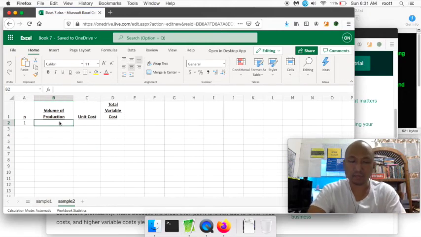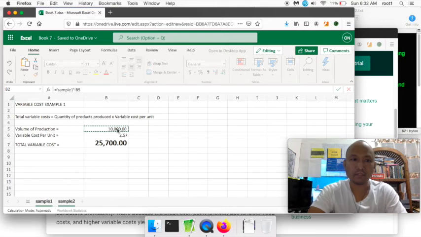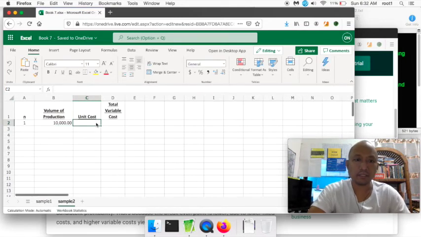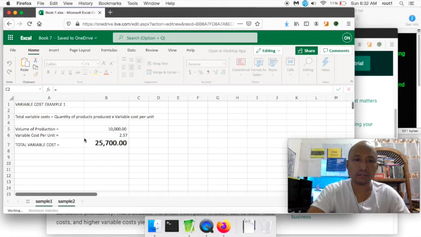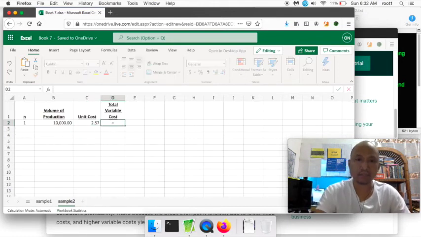We can try to press the equal sign and go to our first sheet. Try to use the first volume of production and then also the unit cost. Of course, total variable cost is equivalent to this and this one.